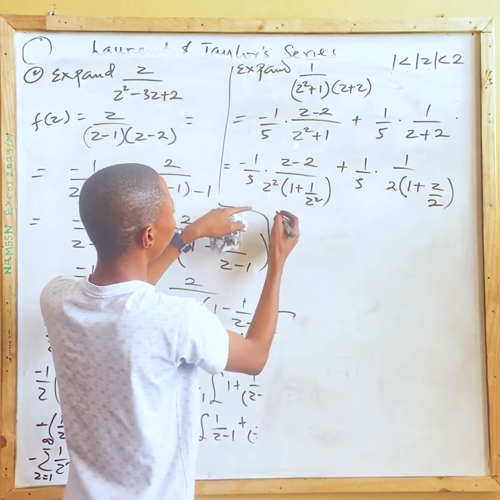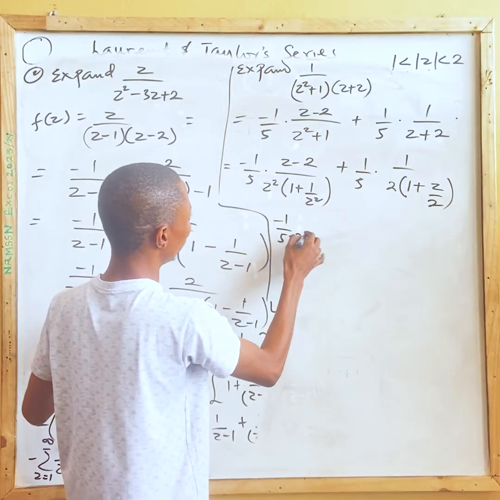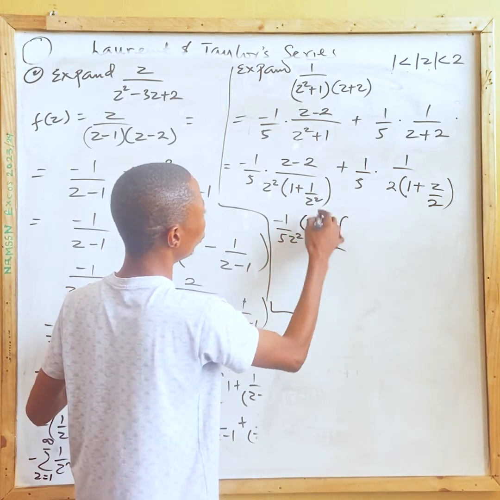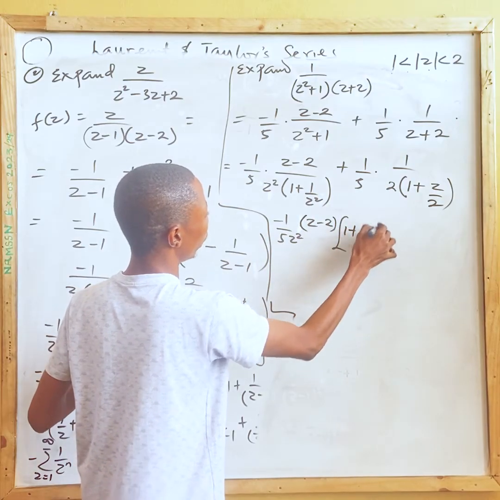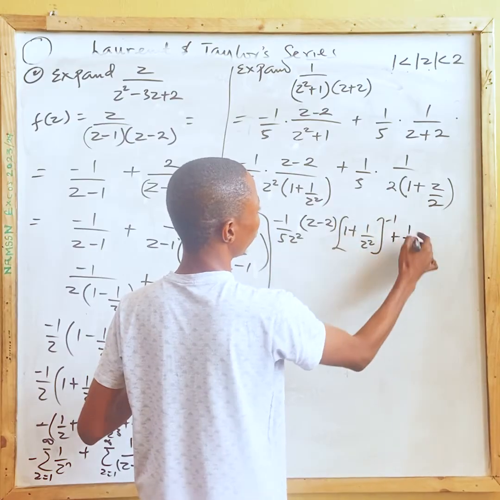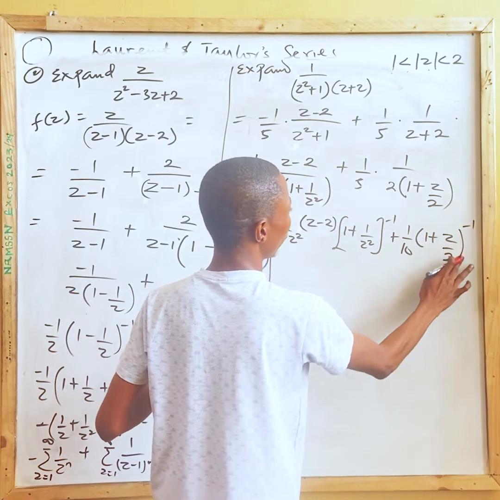So we are going to have minus 1 over 5z squared times z minus 2 into 1 plus 1 over z squared raised to power minus 1, and 1 over 10 times 1 plus z over 2, raised to power minus 1.